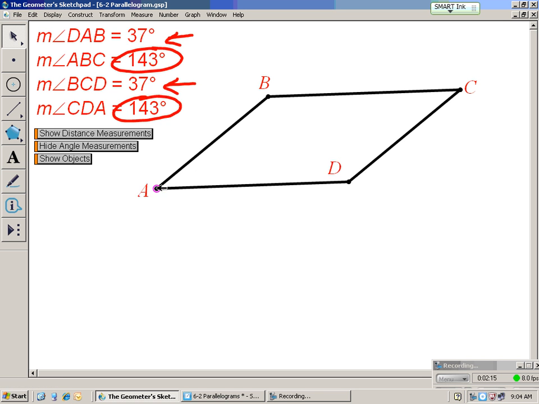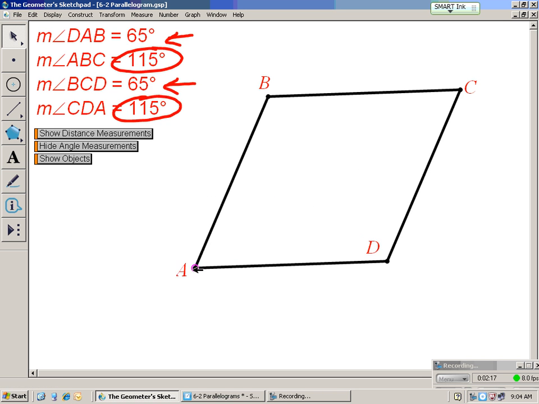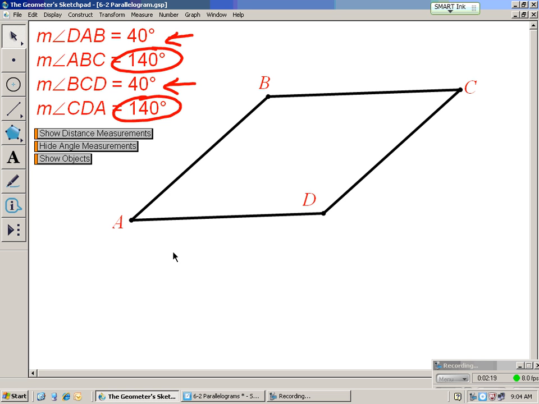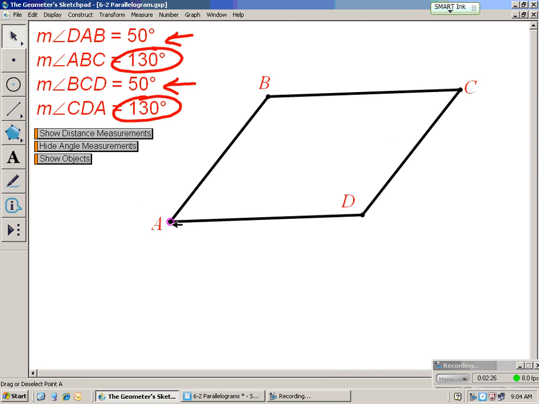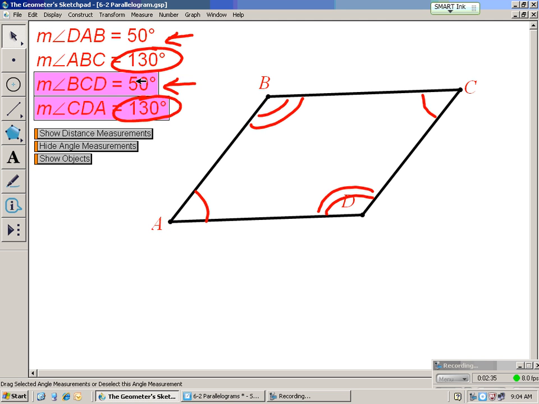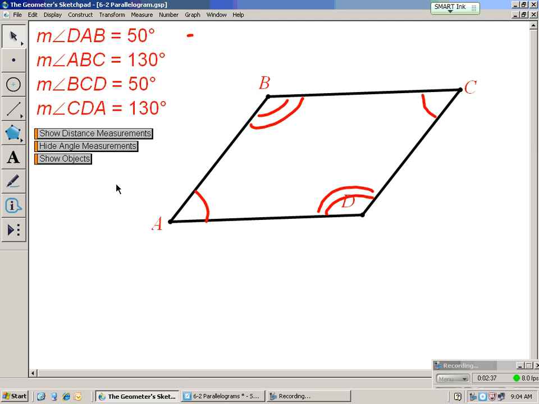So I'll move these around. They always stay congruent. So as I draw that in, angle A and angle C are congruent, and angle B and angle D are congruent. So what that means is that the opposite angles are congruent.